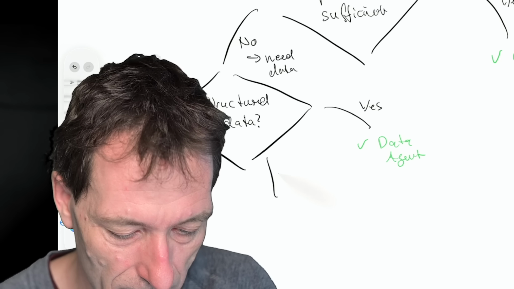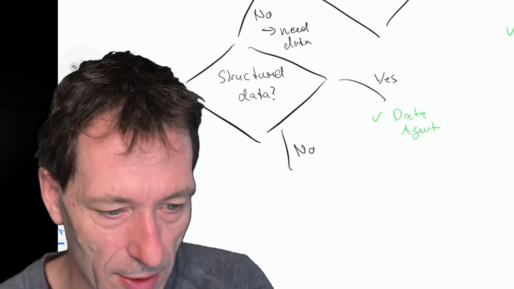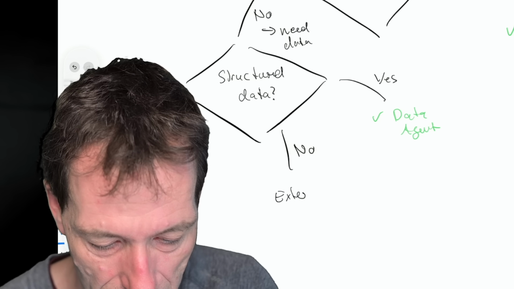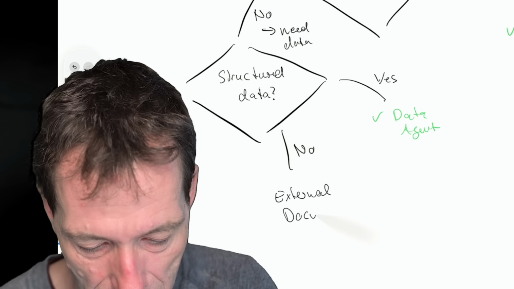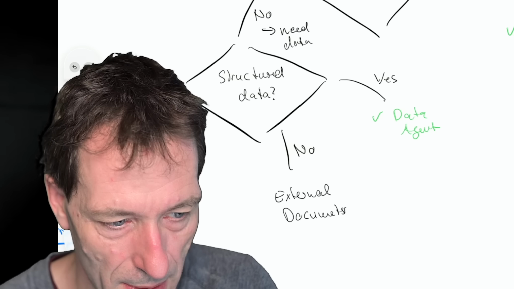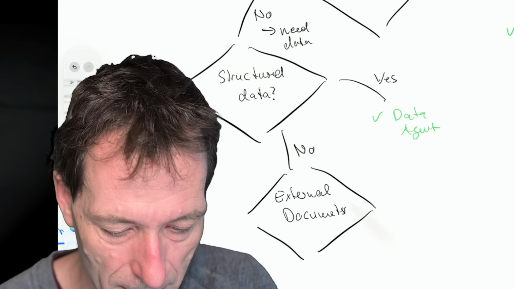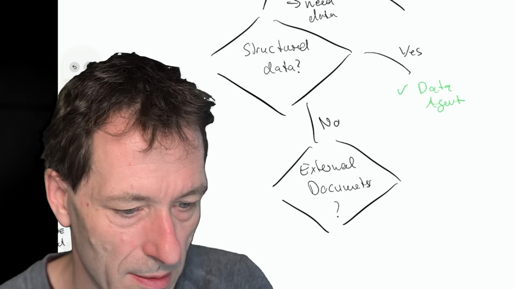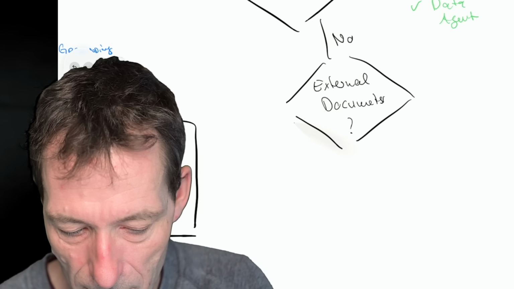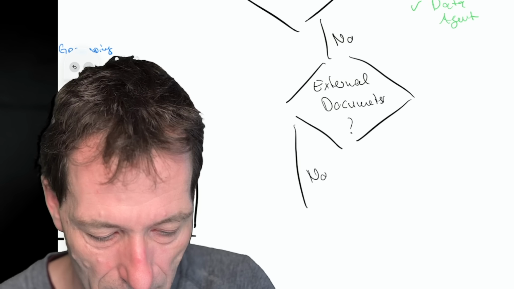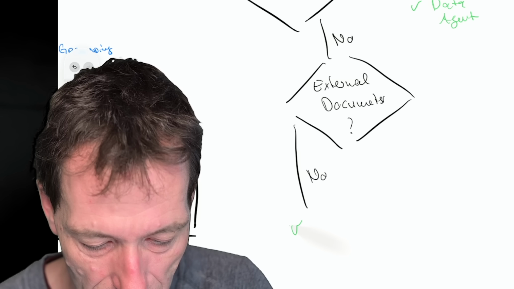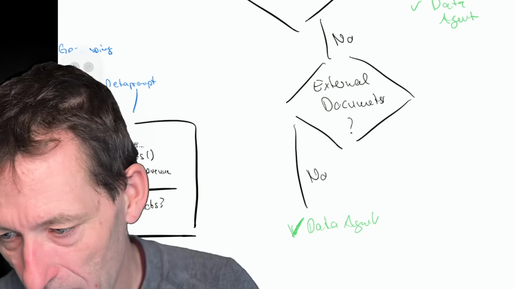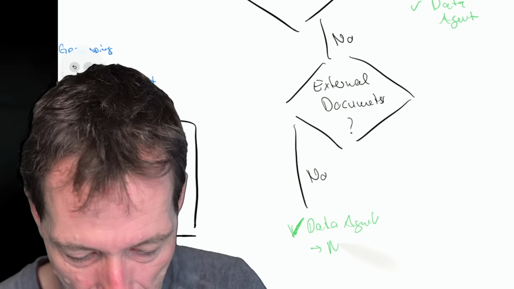Let's say no, I don't have structured data. Next question is, do you have external documents outside of Fabric? Then you say no, everything is in Fabric. You can still go with data agent, because data agent can use multiple sources.